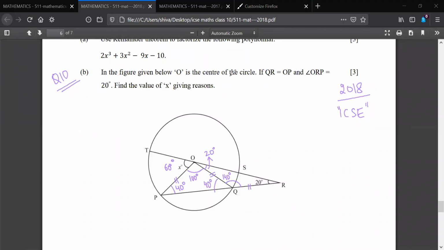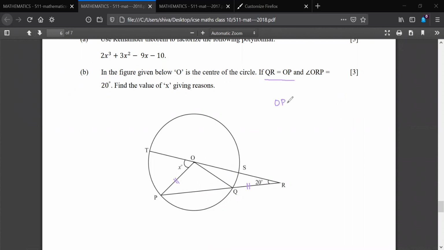Okay, Mr. Rudra. So 2018 question 10b. In the figure given below, O is the center of the circle, OR is equal to OP, ORP is equal to 20 degree, find X giving reasons. So let us see what the question looks like. So OR is equal to OP.